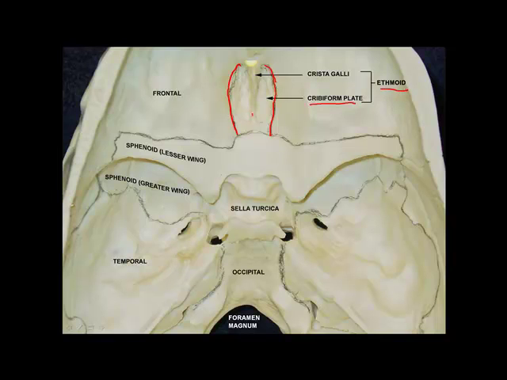And then there's a ridge that comes up superiorly, and it's called the crista galli. And then you'll see these little holes in here. This is where the nerves that go into your nose receive chemical signals, molecular signals, for the sense of smell. So this whole structure right here is to support the sense of smell.